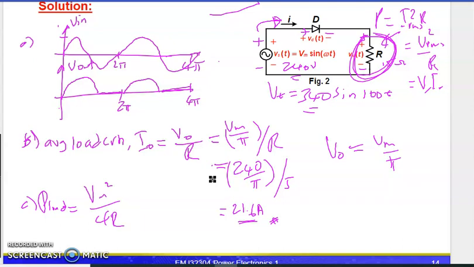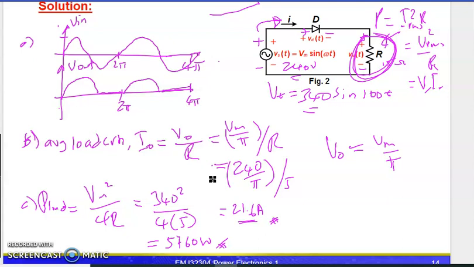Vmax we have here 340 volt squared divided by 4 times 5. So we shall have a value of 5760 watt. This is the absorbed power.